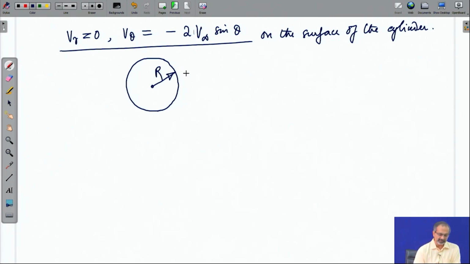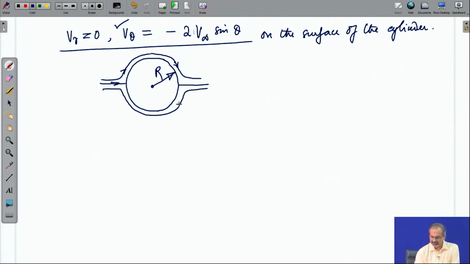At that radial distance, the flow slips, as we already discussed, and the value of the flow velocity is given by this, which is just the tangential component. And remember that the flow is moving this way. That is something that you have to keep in mind.